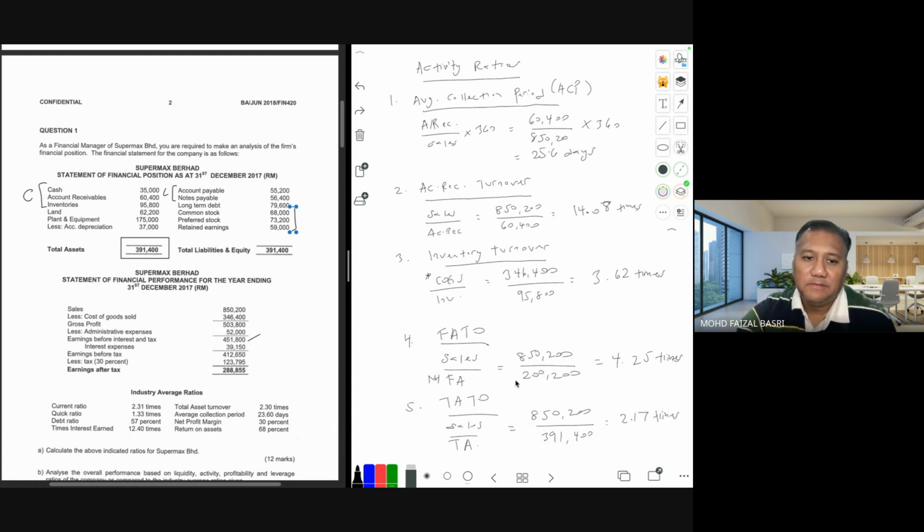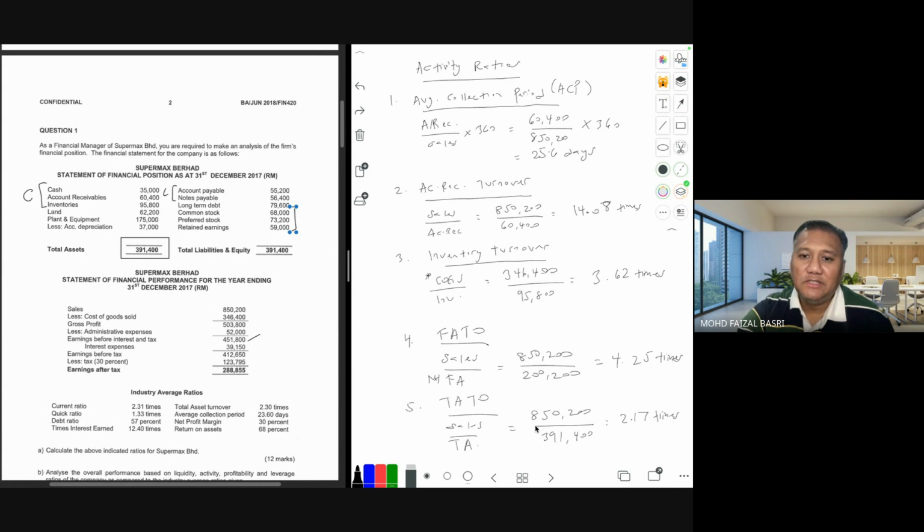Okay, 2.17 times. So kalau compare dengan the industry average, the total asset turnover is 2.30 times. So again, the company's activity ratio from total asset turnover is lesser. Okay, so dia punya performance is worse as compared to the industry average.